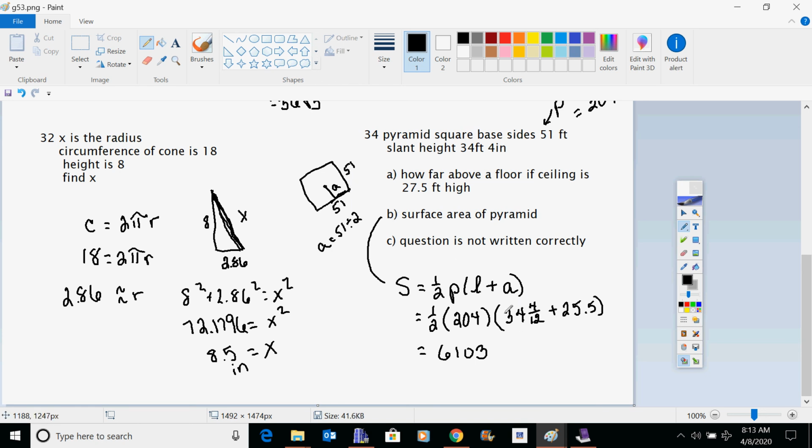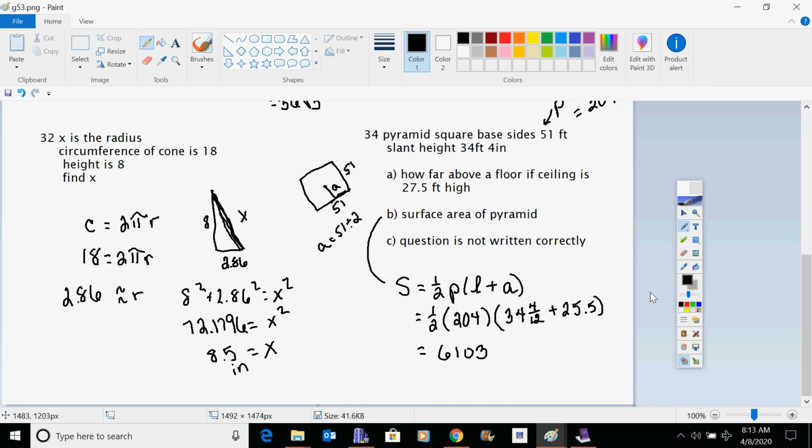The lateral, or the slant height, said 34 feet 4 inches. Once again, they put everything into this problem. 4 inches is 4/12 of a foot because there's 12 inches in a foot. So this is really 34 and 4/12.